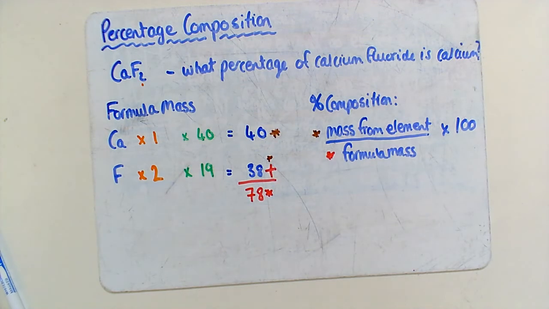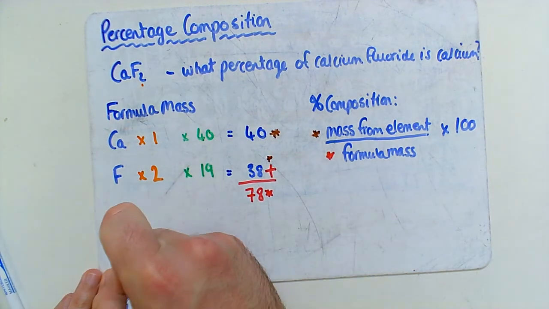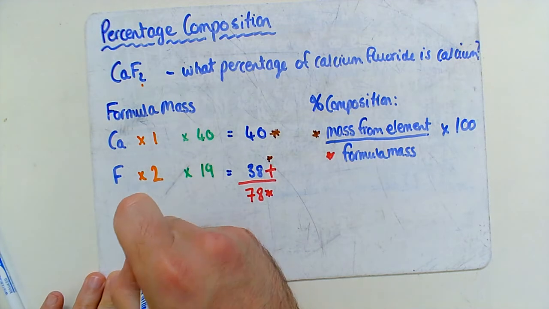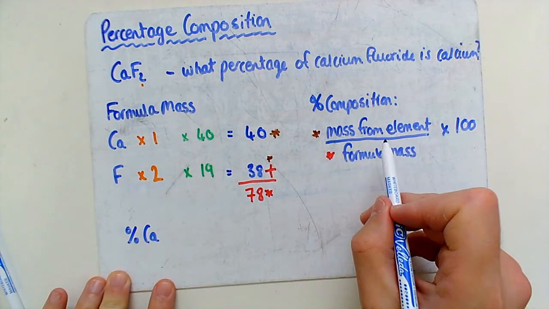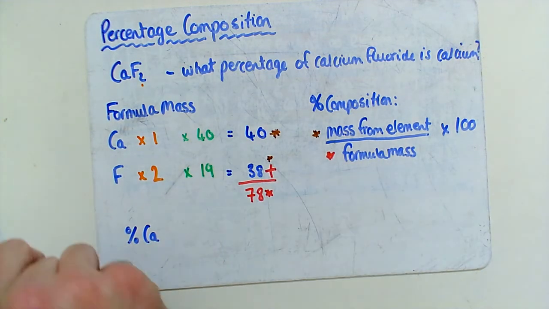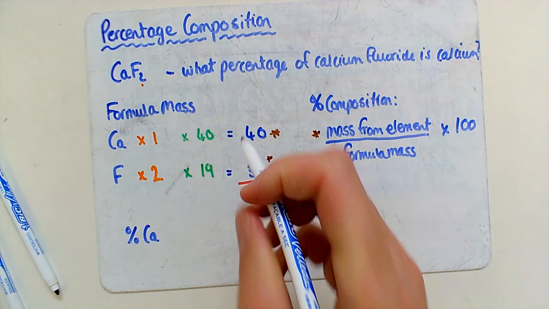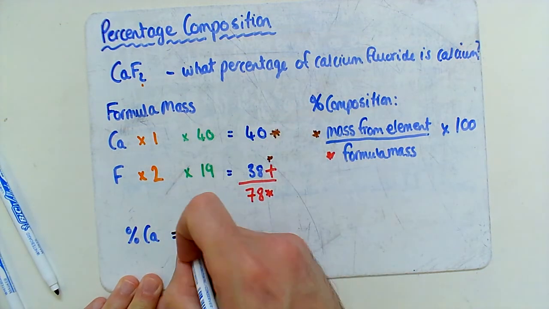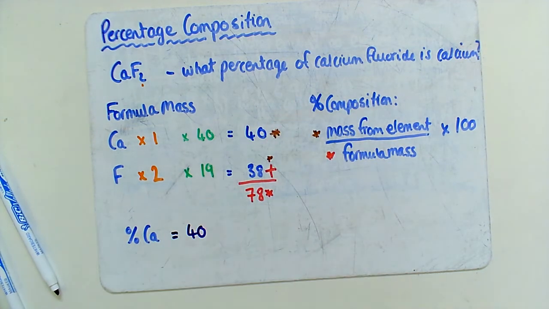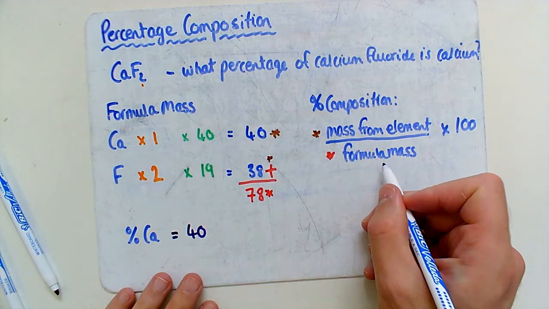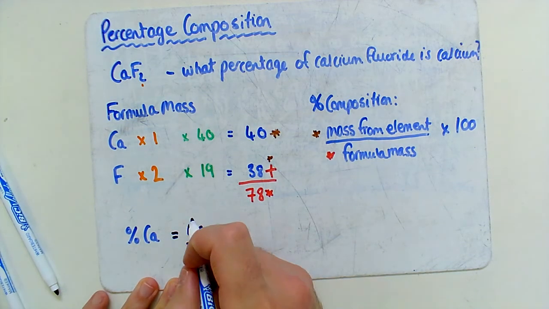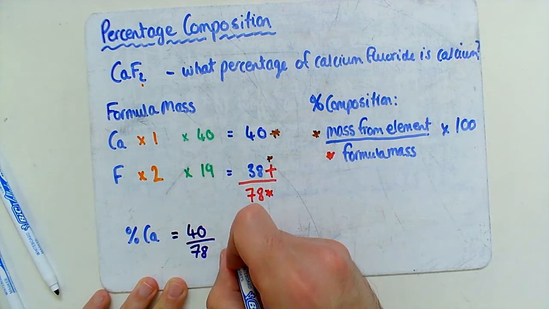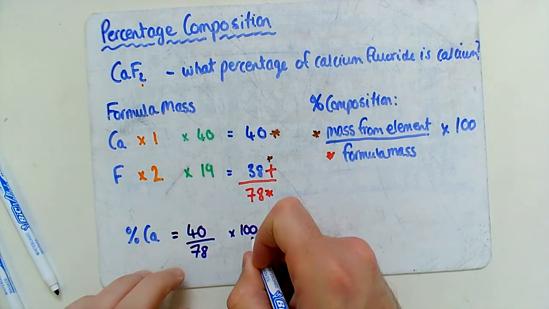So if we do percentage composition of calcium, the mass from the element is 40. Our formula mass is 78. We do that in the calculator first, and then we multiply it by 100.